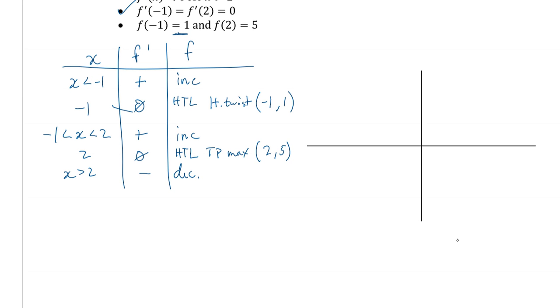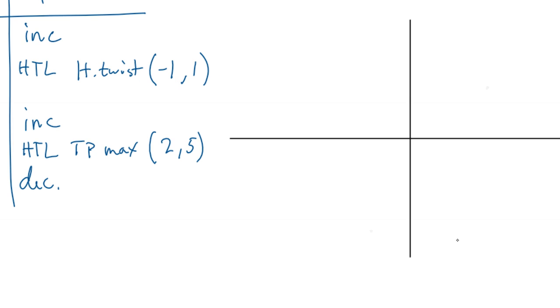In this case, I'm going to mark my points here. So I've got (-1, 1), I've got a point here. And I'm labeling. A big part of all of the sketching that we're going to do is the labels. Okay, this is important. And then at (2, 5), I've got a point.